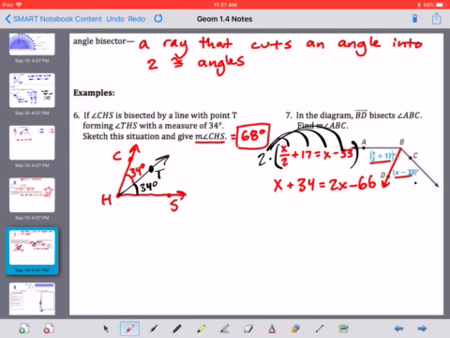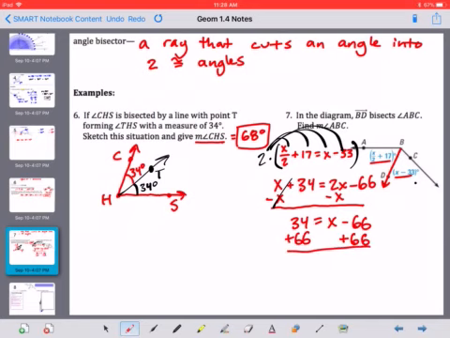Now we can solve this just like we normally would. Let's get our x's all on one side. So I'm going to subtract x. I get 34 equals 2x minus 1x is just 1x minus 66. Then let's add that 66 to the other side. And we get 100. That's x.